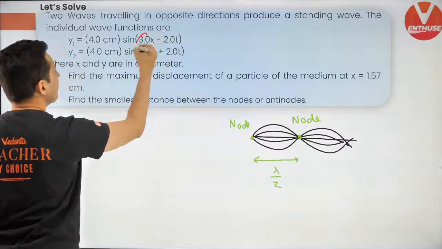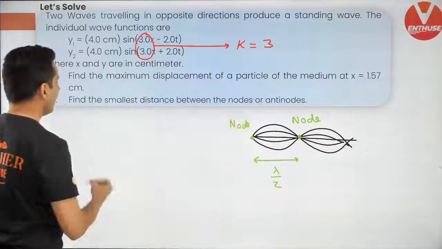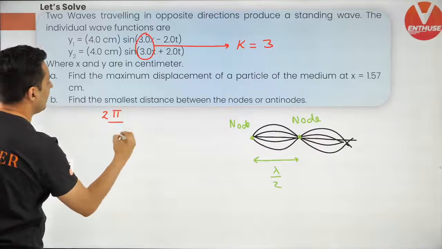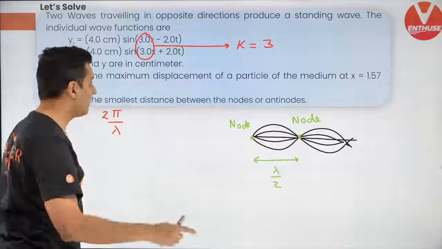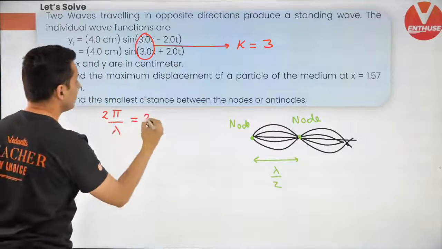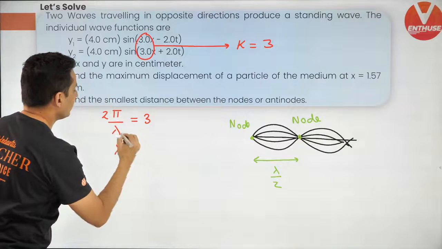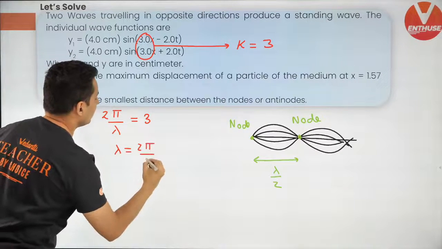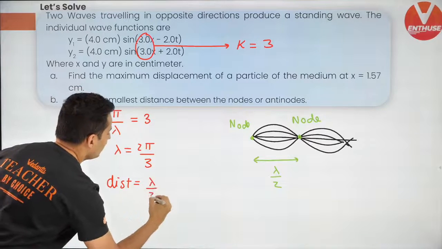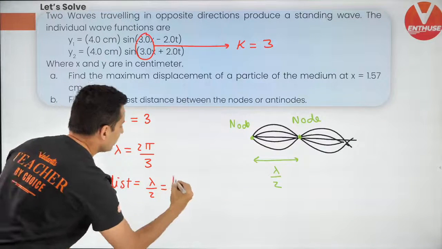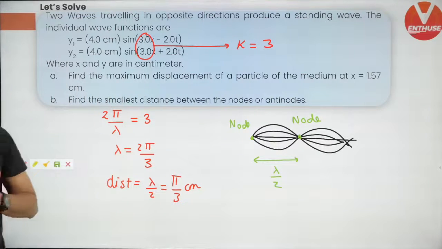From this you will easily understand the value of k is 3, and remember k is actually 2 pi by lambda. Recollect from the previous lecture, k is 2 pi by lambda, angular wave number, that is equal to 3. That's it, guys. So think about it. What is lambda? Lambda is 2 pi by 3. So the required distance, which is lambda by 2, will be nothing but pi by 3 centimeters. That is the answer.